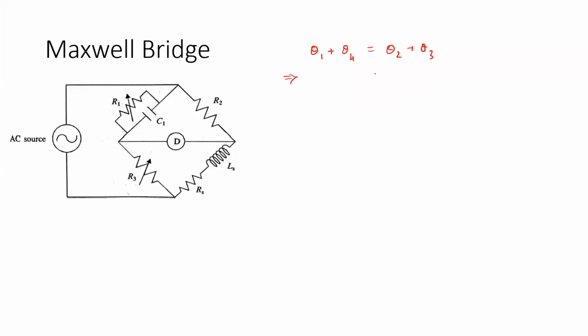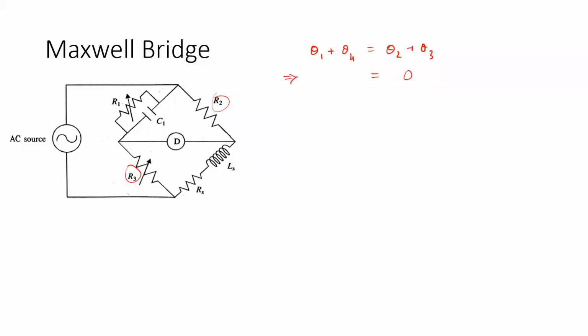Now, what do we expect to have on our right hand side? Because theta 2 and theta 3 are associated with these resistive elements, their corresponding angles will be 0. So we are supposed to have 0 on our right hand side.